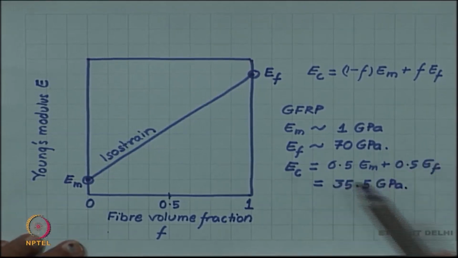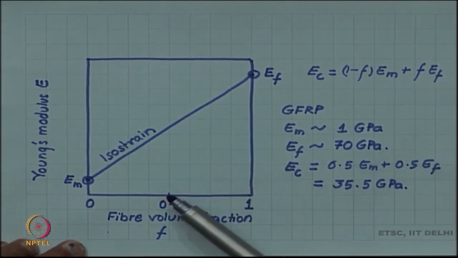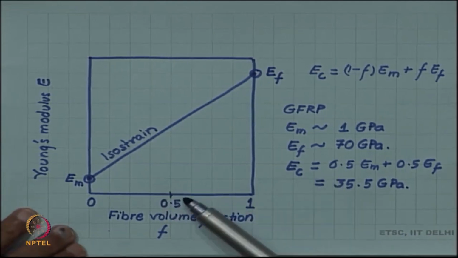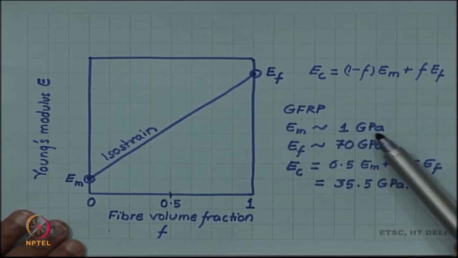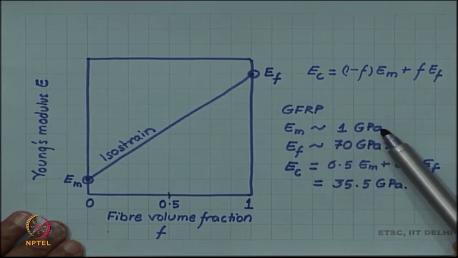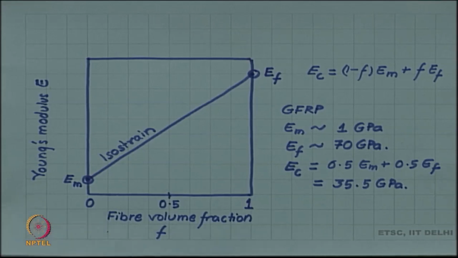So, by putting 50% of the reinforcing glass fiber, we can raise the stiffness of the matrix, which was very low, from 1 gigapascal to 35.5 gigapascal, which is a very high value.